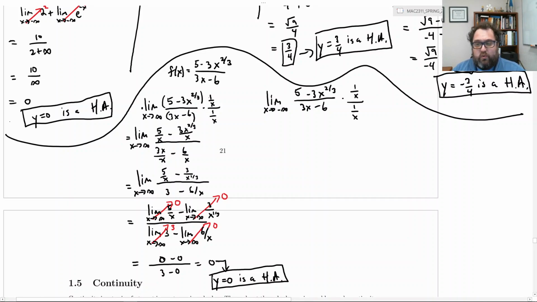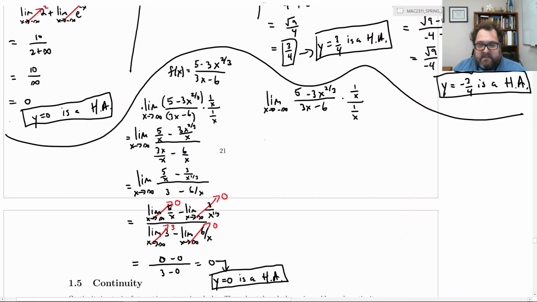There are no radicals here. Well, there's a cube root, but cube roots are fine. Cube roots have a domain of all real numbers, so we don't have to worry about using negative numbers as we take the limit as x goes to negative infinity.